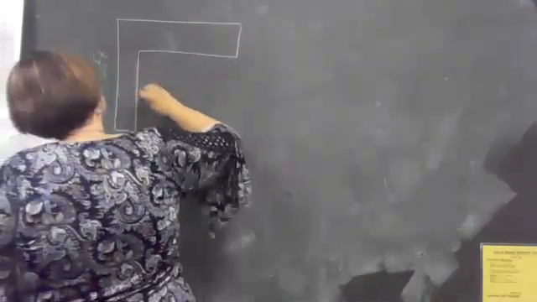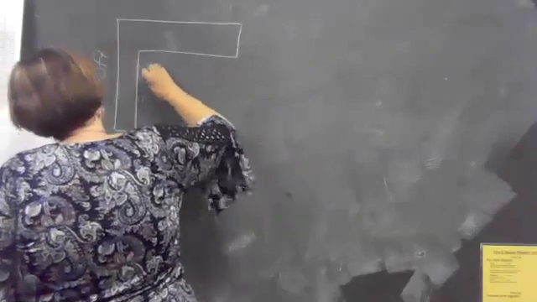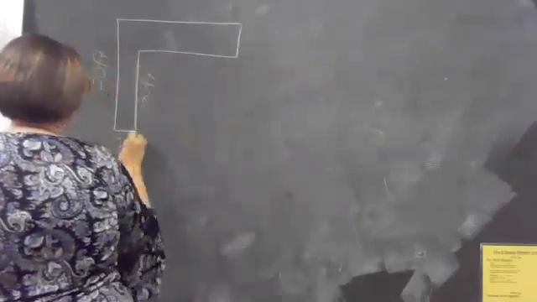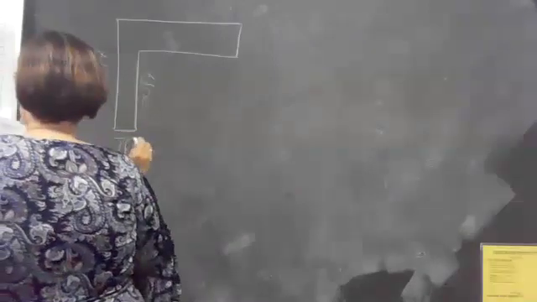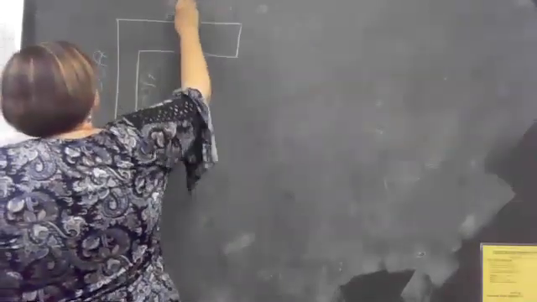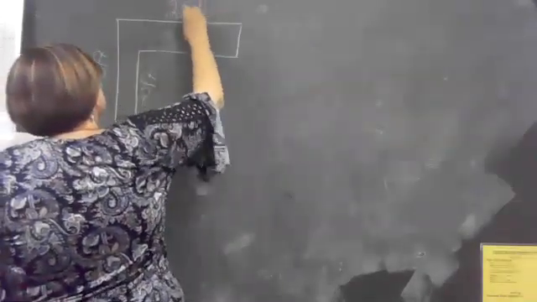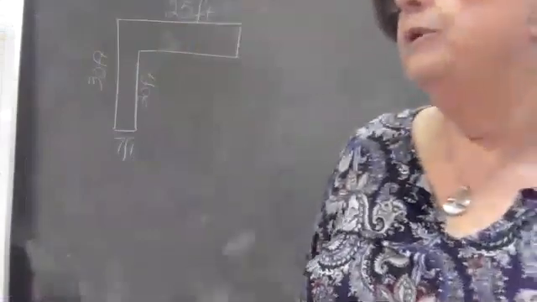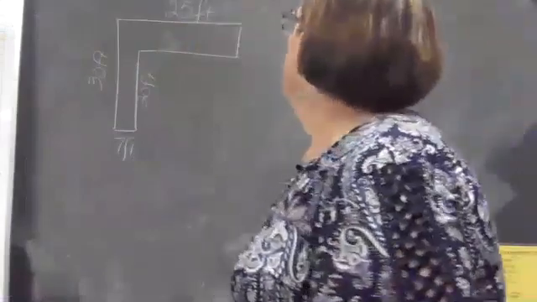Feet, 20 feet, 7 feet, and 25 feet. Now, the first thing you need to notice there is that all of the units are the same, so we don't have to convert anything.